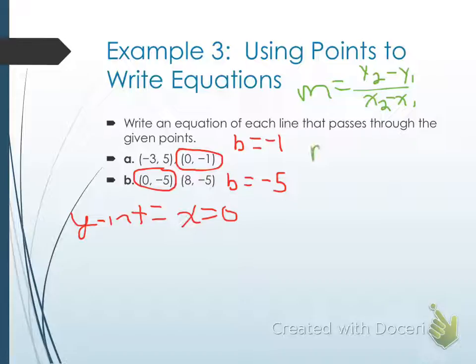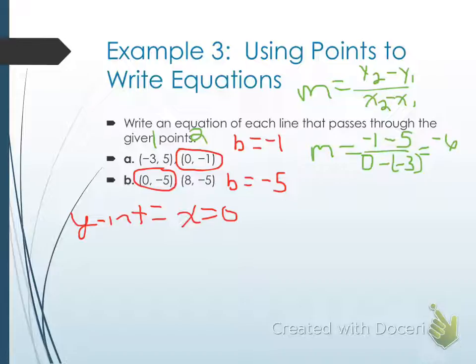So to find our slope here on A, I'm going to say that y2 is my -1 minus my y1, which is 5. I said this is my 1s, this is my 2s. So x2 is 0 minus my x1, which is -3. So to simplify that, -1 minus 5 is -6.